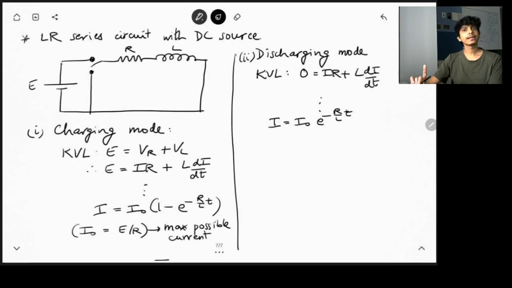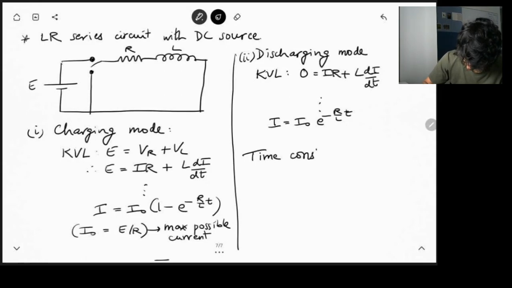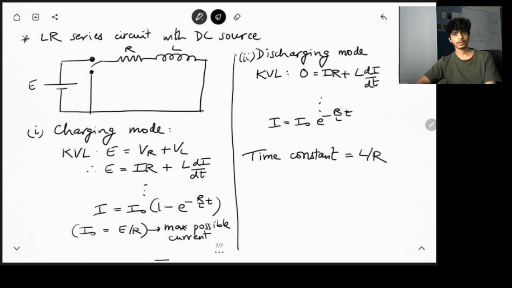Now, for an LR circuit, the time constant is L over R. Just as for the RC circuit, when there is a capacitor in the circuit, the time constant is RC. Now it is L over R. That is the only difference. Everything else roughly remains the same.